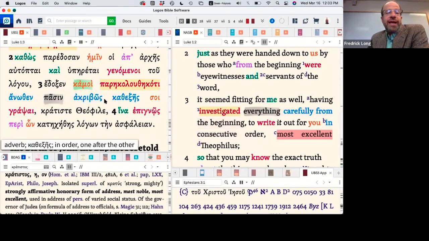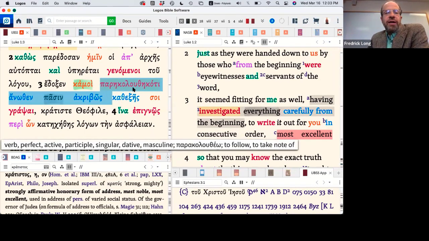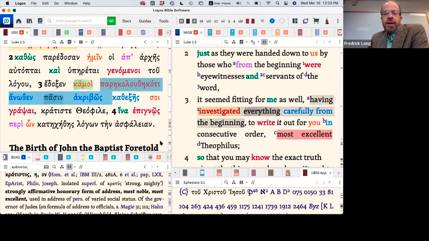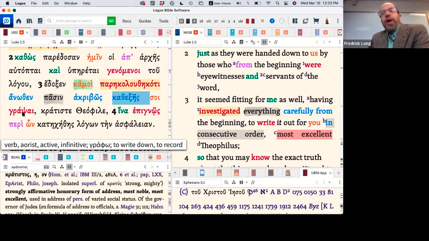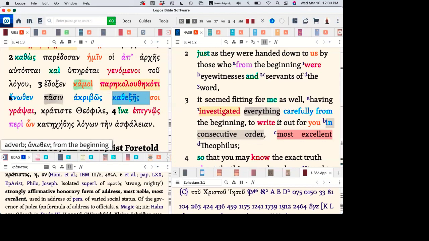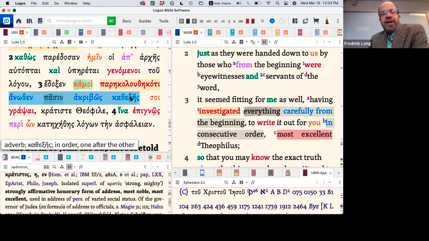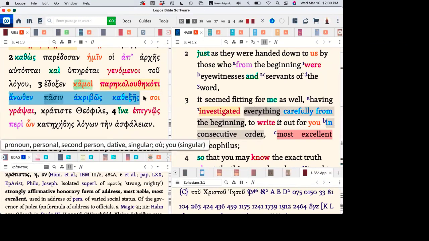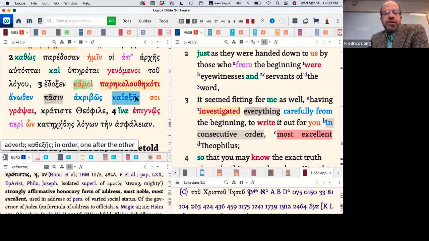I do think that the first 2 need to go with kaleo, and then that this accuracy one, or like in order, needs to go with writing up. But there is certainly an effect of having these 3 adverbs kind of piled in near proximity. But you would say that the in order needs to go with to write. I think so. Yeah, I think so.